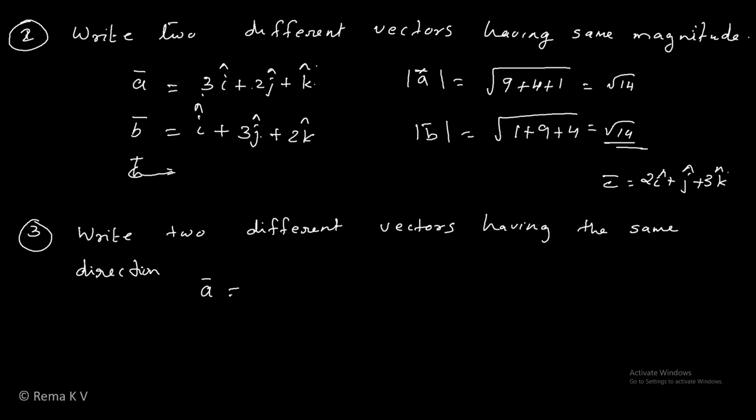So let us consider A is equal to 3i plus 2j plus k.